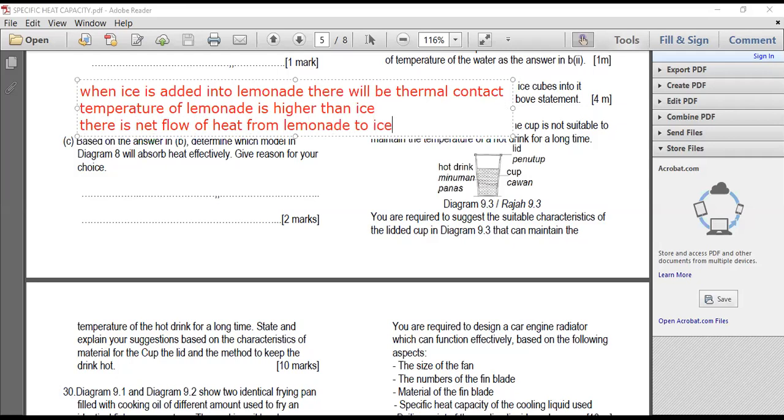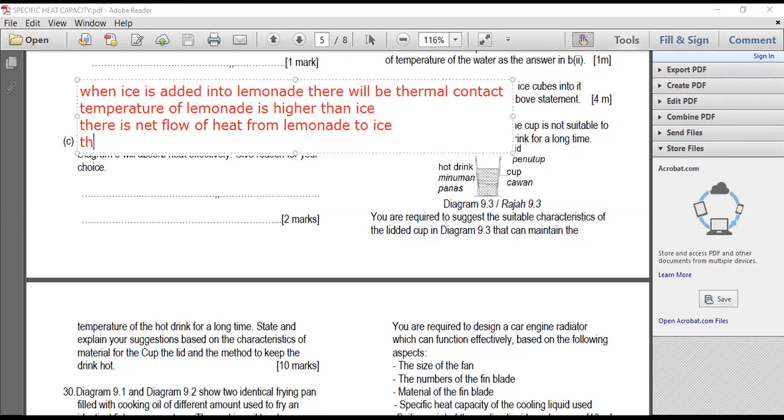This will melt the ice. Later in the next chapter you will look at latent heat, the latent heat of fusion. So the heat from the lemonade will be transferred to the ice, causing the ice to melt. That heat we call latent heat, but we look at this more in the next subtopic.